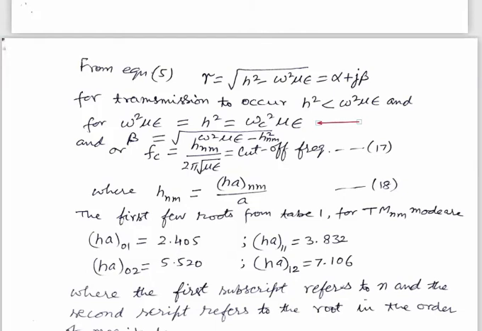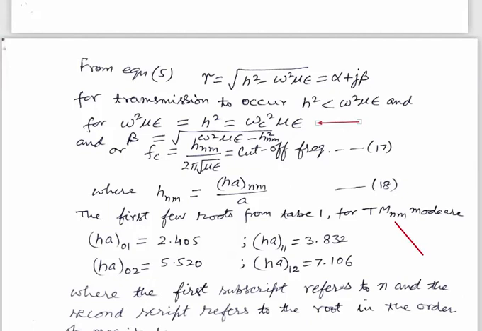The first few roots are here mentioned as ha01 equal to 2.405, ha11 equal to 3.832 from the table, ha02 equal to 5.520, ha12 equal to 7.106. So these modes for the TM waves are represented here by TMnm mode or TMnm wave.